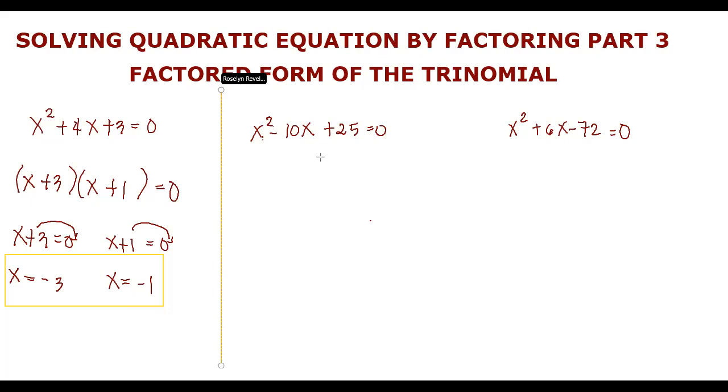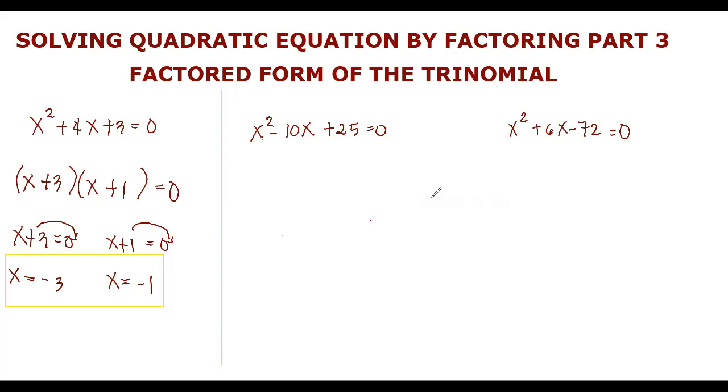Like what we did earlier, we need to get the factors of positive 25 that, when added, give negative 10. So what do you think are the factors of 25? What are the factors of 25, guys?